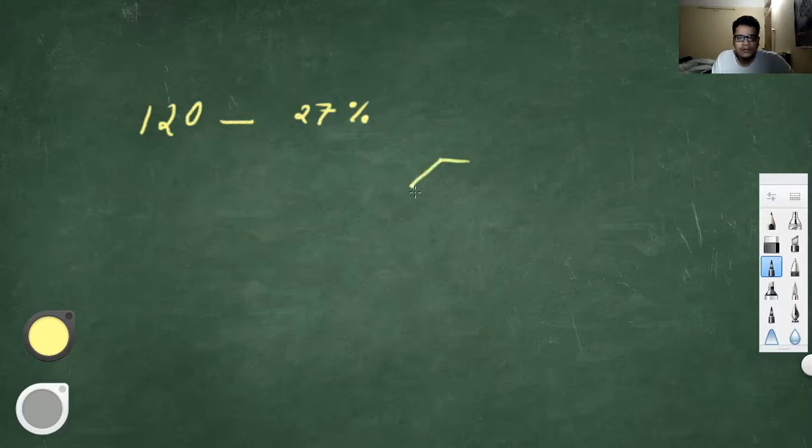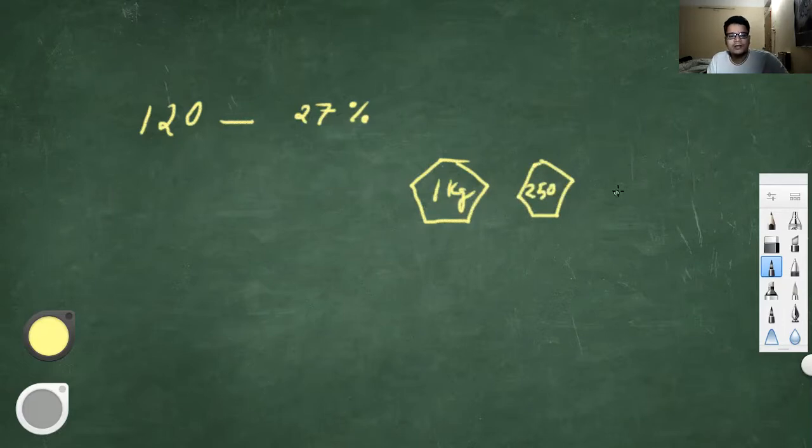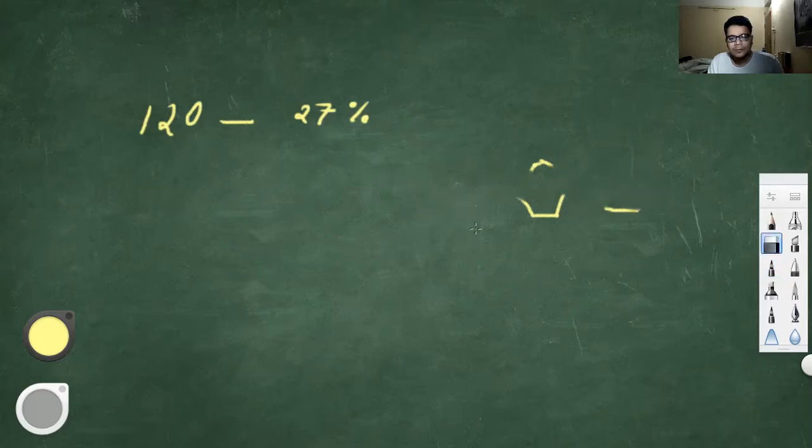They have weights of 1 kg, 250 grams, 500 grams, and including various combinations of these weights, he makes newer weights. Just like that, we're going to be using the concept of bases.